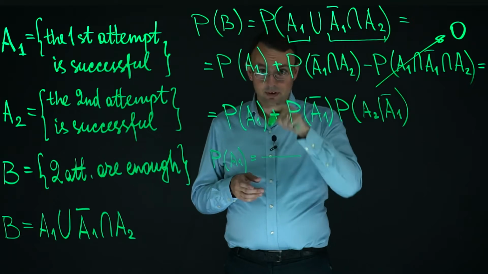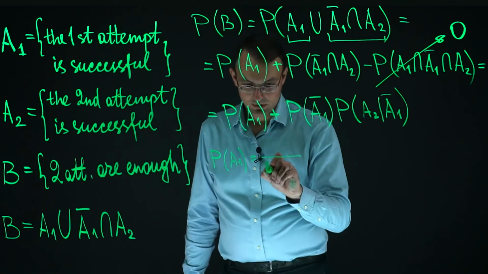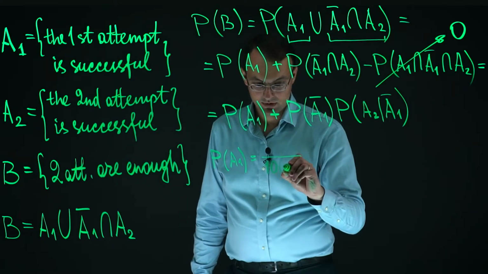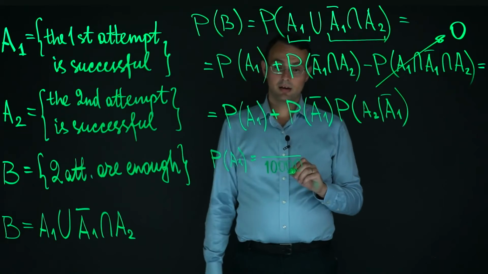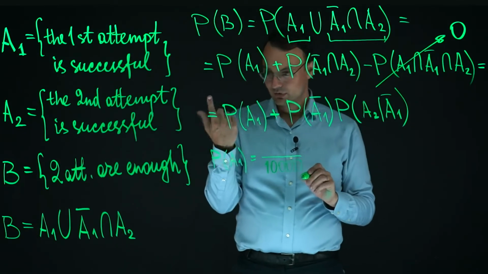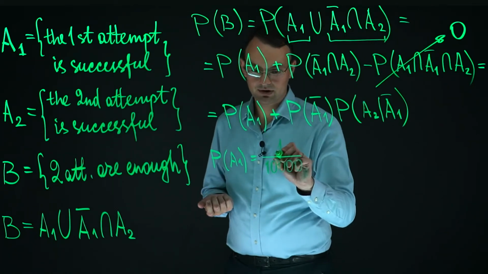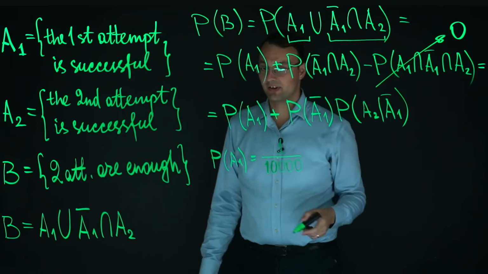So from 4 zeros to 4 nines, we have 10,000 choices, and only one is correct. So the probability is 1 over 10,000.